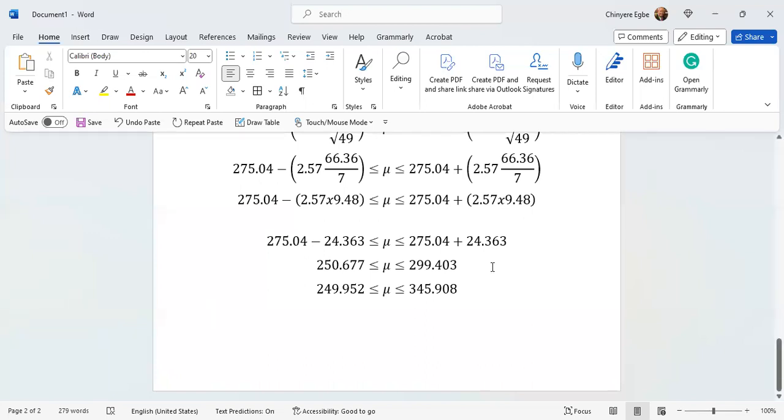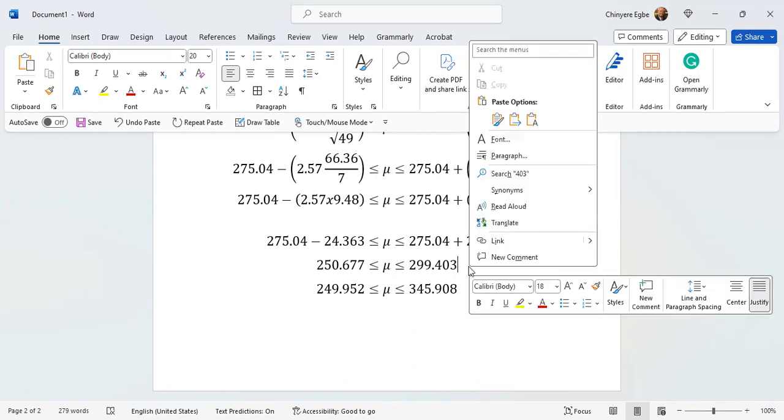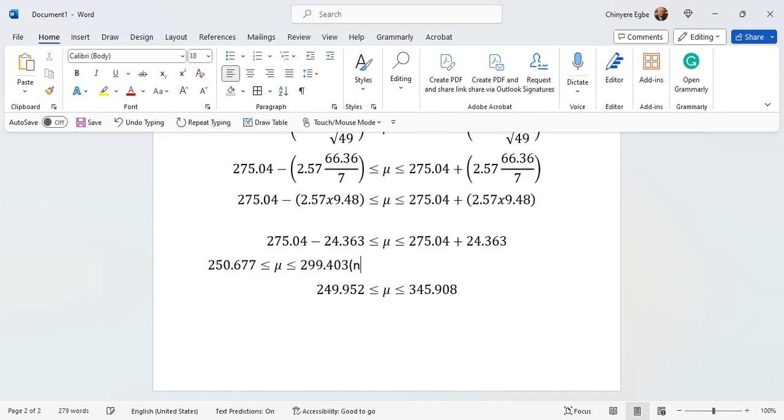Call this number 1, and this number 2. For neighborhood number 2, it is between 250 and 299. Do you see an overlap?